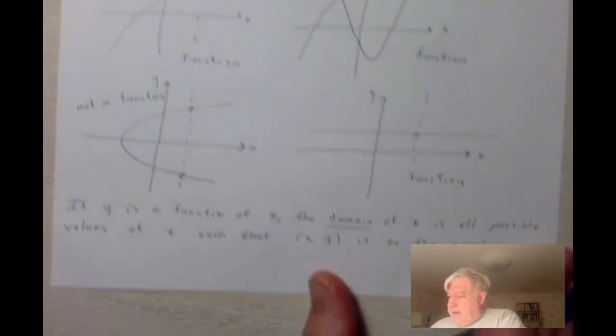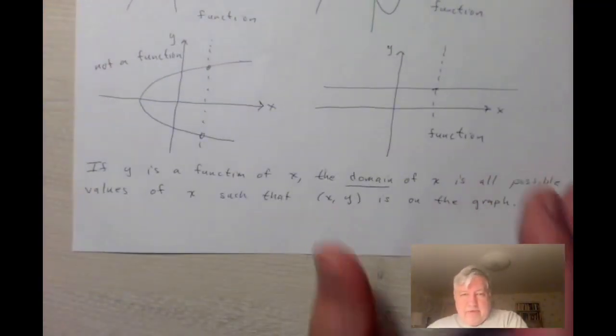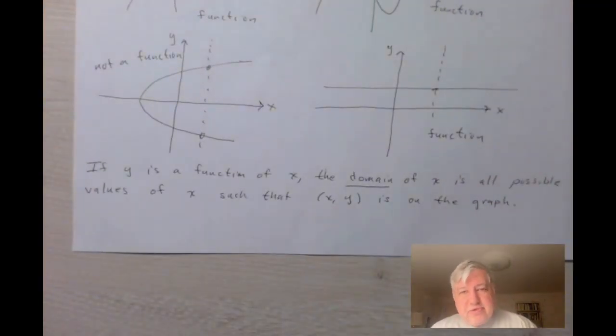Okay. Then the other thing I just want to talk about is the domain of a function. The domain is the set of all possible values of x, or more generally, all possible inputs. Graphically, this means that the domain corresponds to all the x coordinates of a certain graph.